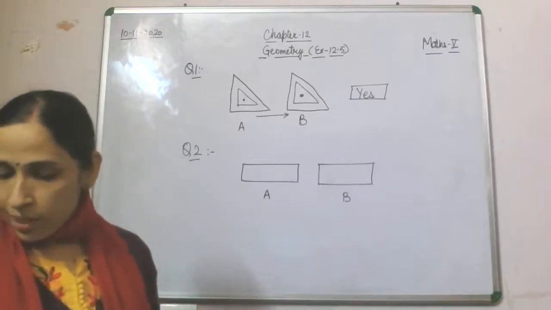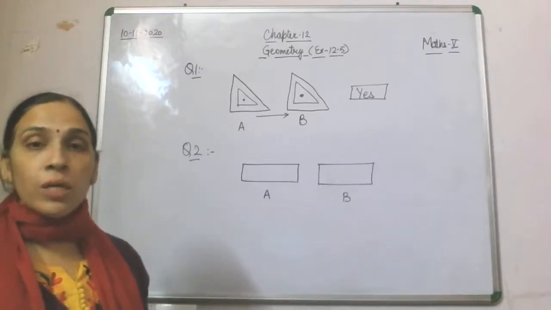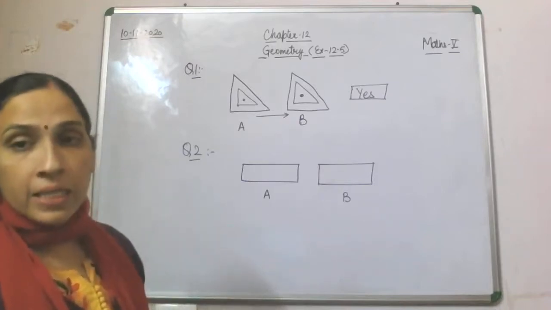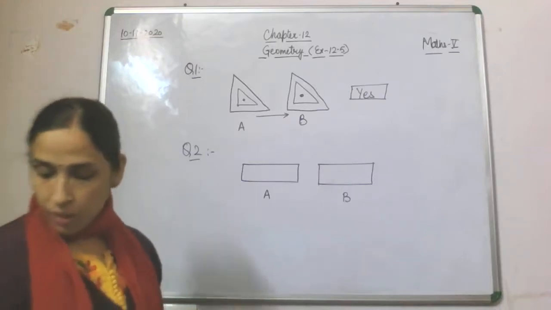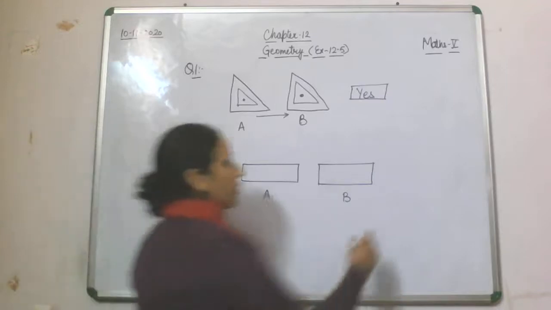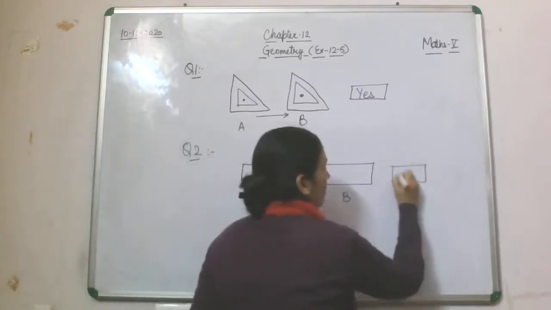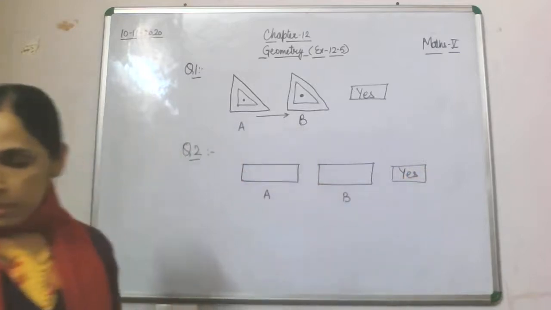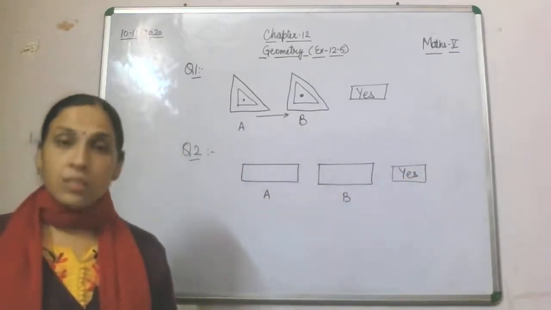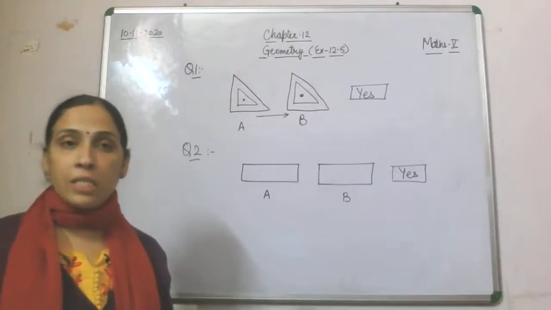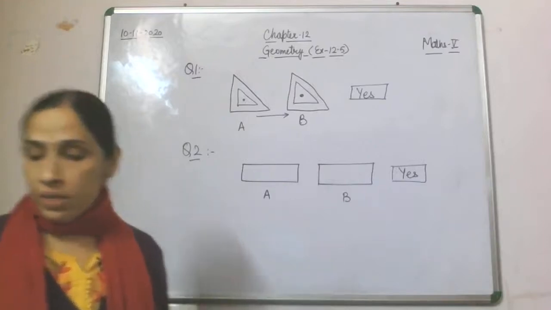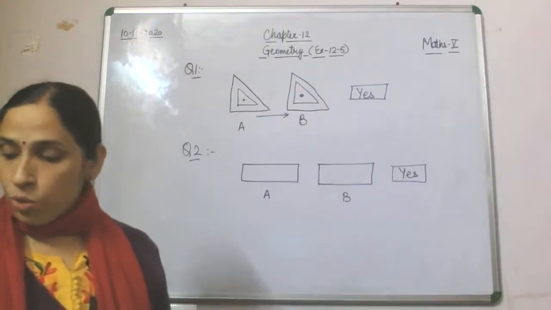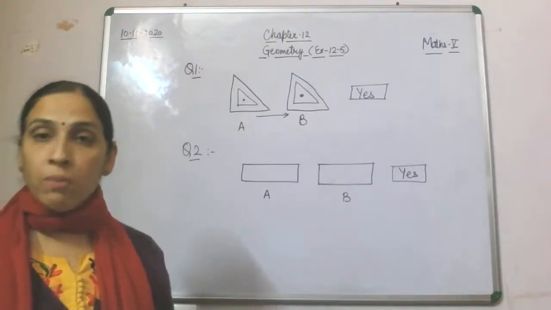We'll find that yes, in your book the size of rectangle A is same as B. So we'll write here again yes. Figure B is the translated position of figure A. So that only you have to see in this question number 2.